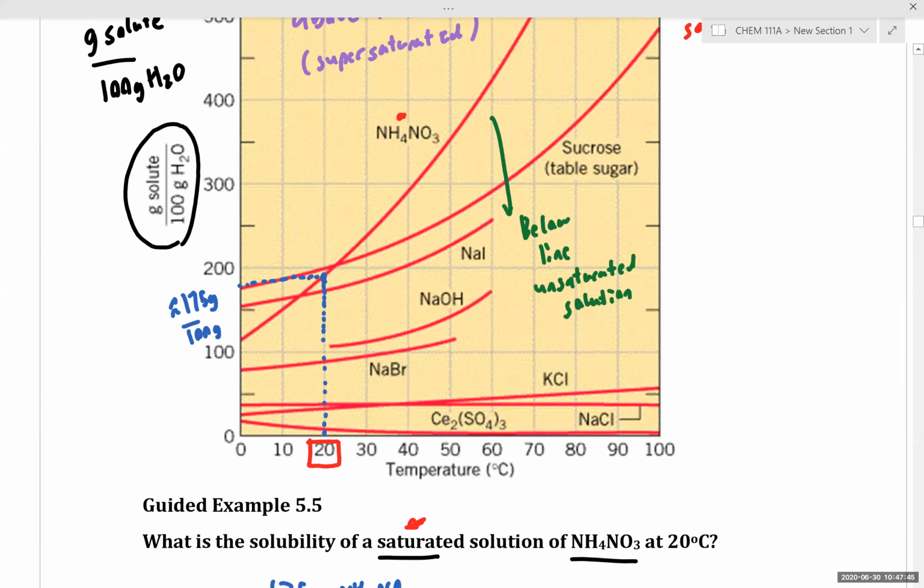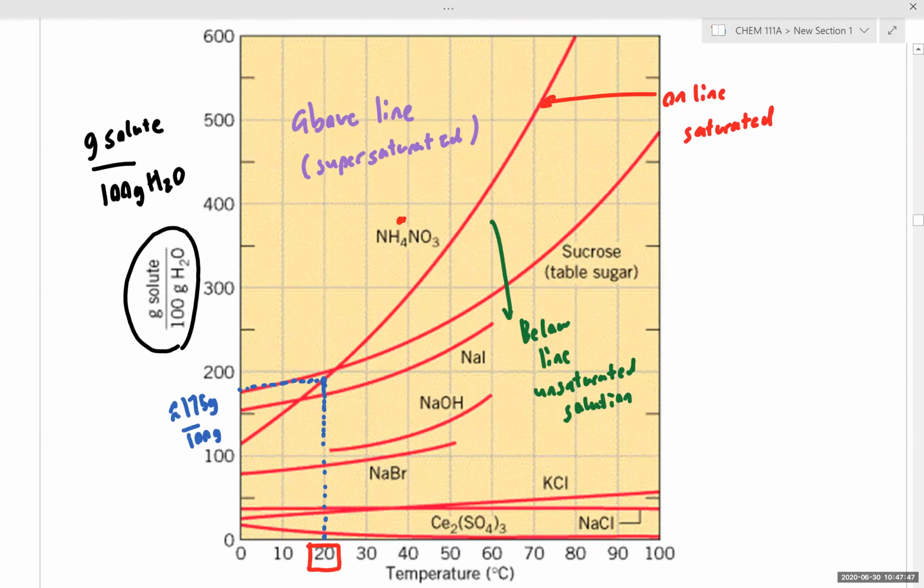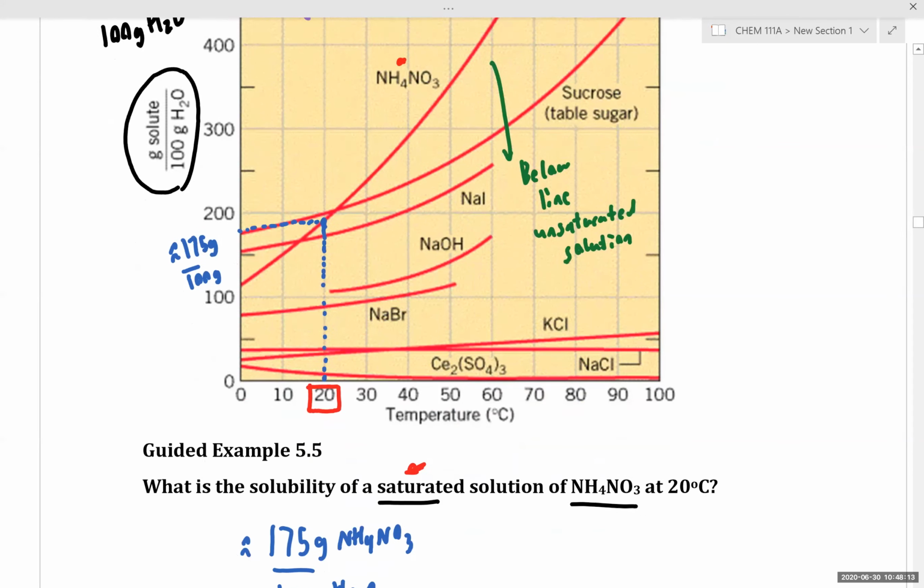Now remember how I said pay attention to the units? What are the units in this graph? What are the exact units for our solubility? Let's be really specific here, because this is where we need to be very careful. What are the units for solubility? Yeah, it's grams of solute per 100 grams of water.